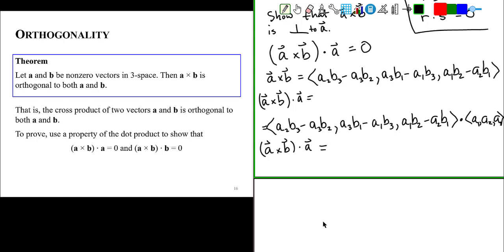So remember, when we take the dot product, it is the sum of the products of the components. So it'll be the x component, A1 times the quantity A2B3 minus A3B2.